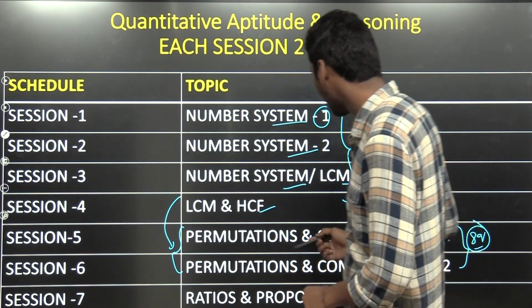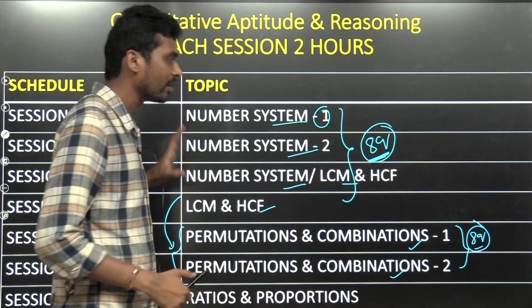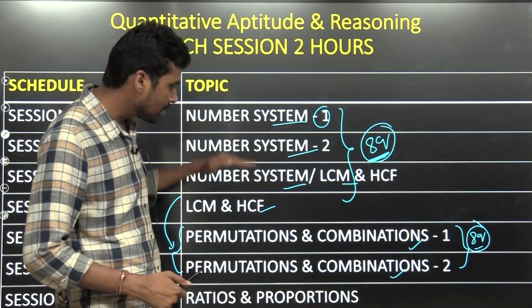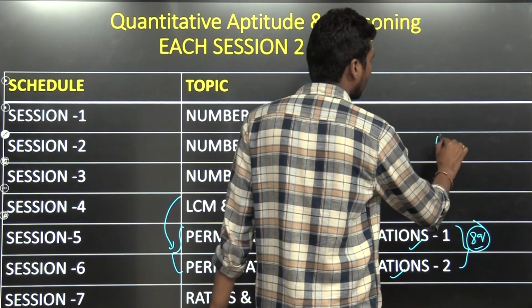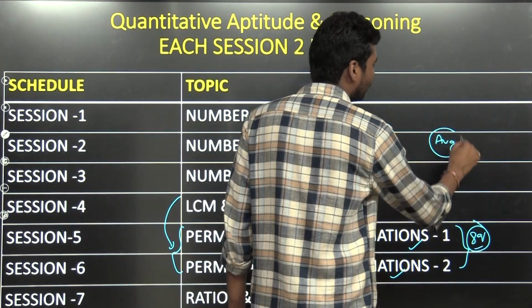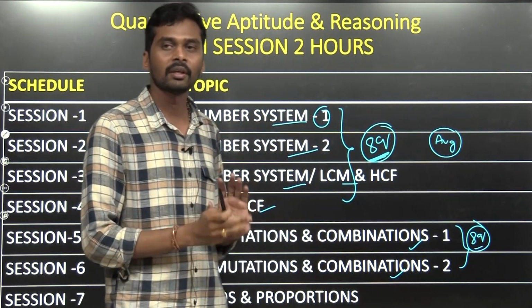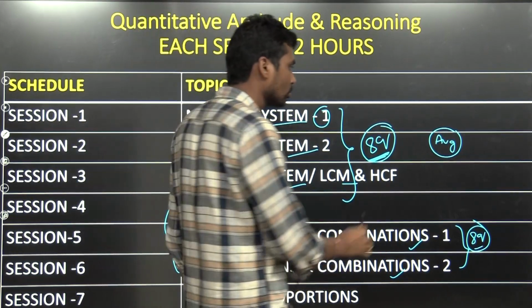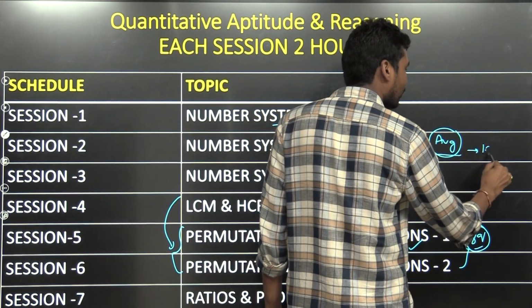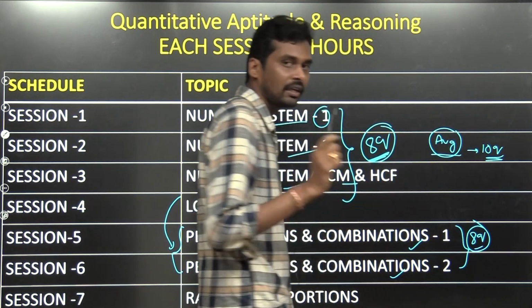So anyway, permutations and combinations also has good weightage. Overall, number system and permutations and combinations together, on an average, because every year the number of questions would vary, will definitely have 10 questions. Definitely 10 questions.